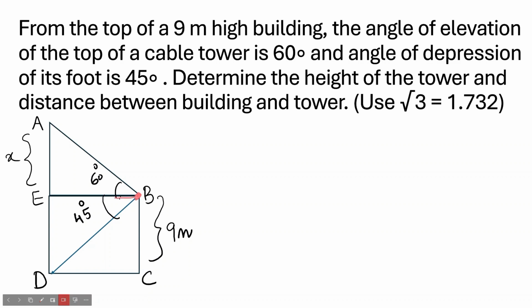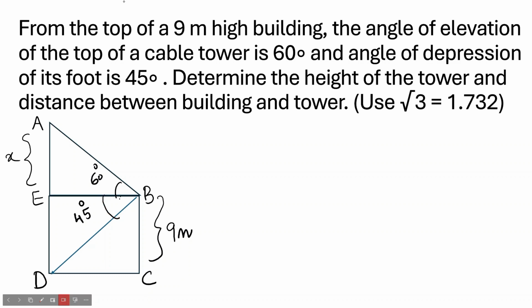The horizontal line is here and the object is here, and the angle of elevation is 60 degrees, as given. The angle of depression to its foot: again the horizontal line is here, DE, and the line to the object is BD. It makes an angle of depression of 45 degrees.